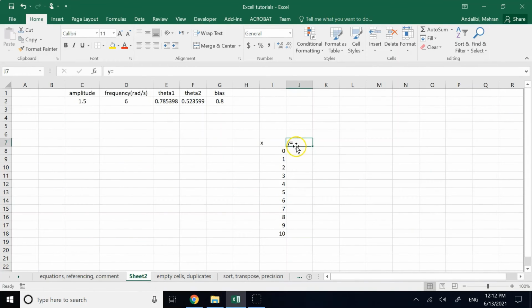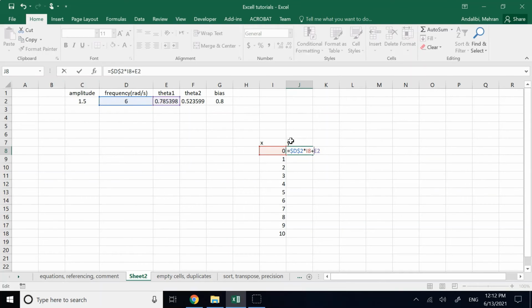Okay, so here, this y, say this is equal to w times x plus the phase. Now pay attention, I don't want the location of D2 and E2 to change, so I have to make them absolute referencing.